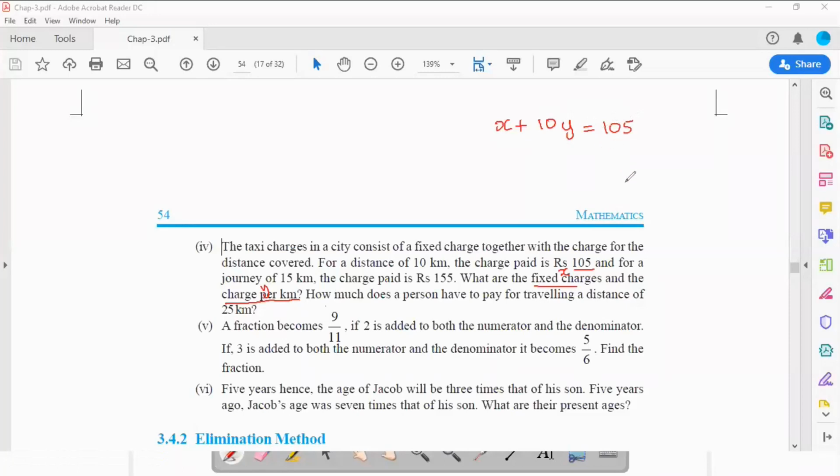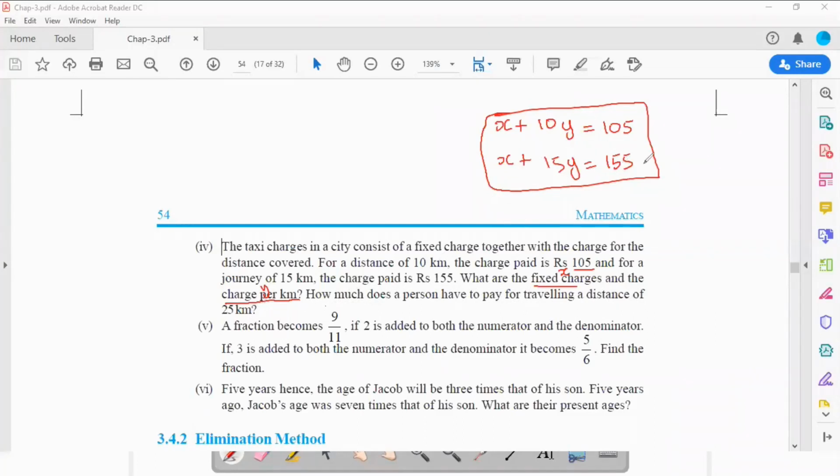And the next situation, the fixed charge is same plus how many kilometers? 15Y is equal to 155 rupees. Okay, these are the set of equations. You can find the values of X and Y, you will get the solution. And finally, how much does a person have to pay for traveling a distance of 25 kilometers?